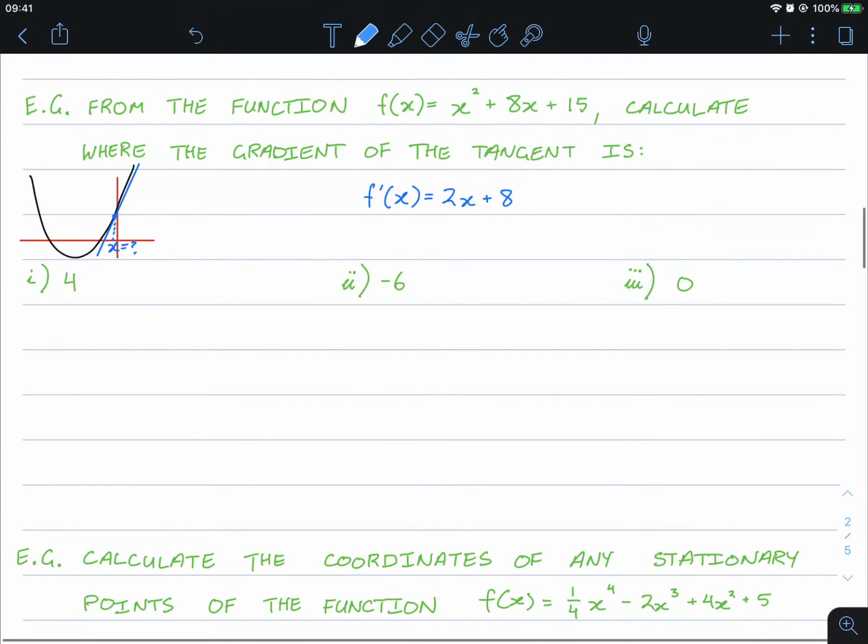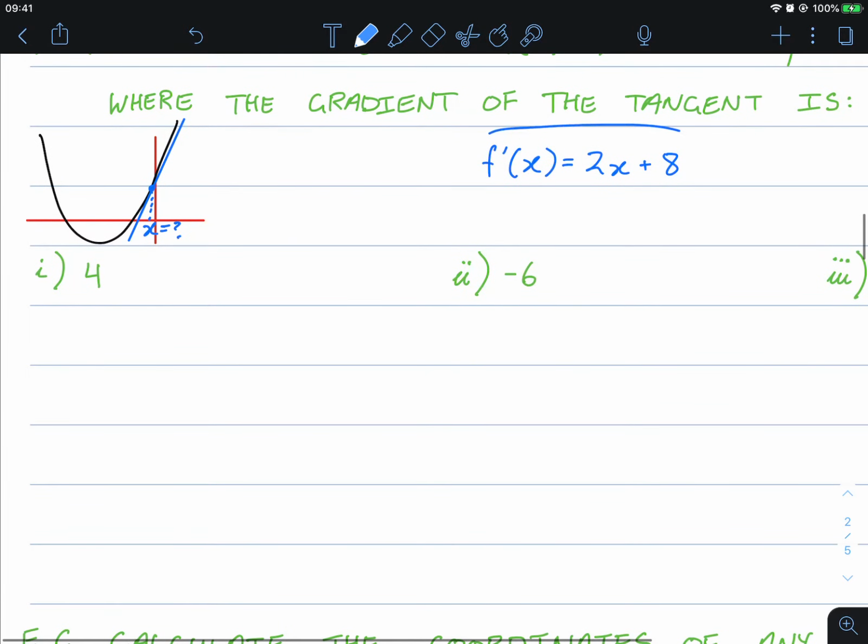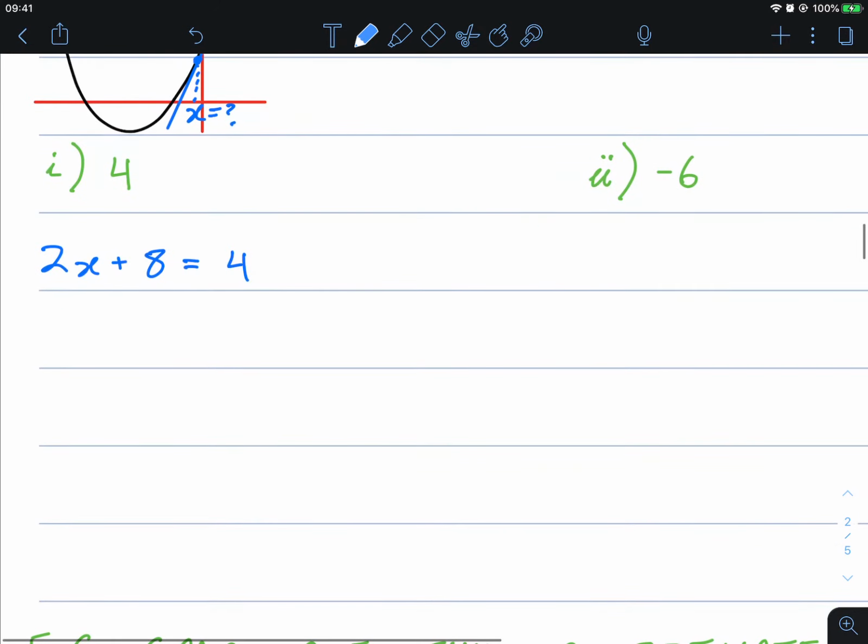To do this, we're going to let this expression, because remember, this is the gradient, equal the gradient we are looking for. By solving for x, we will find the value of where the gradient is 4.